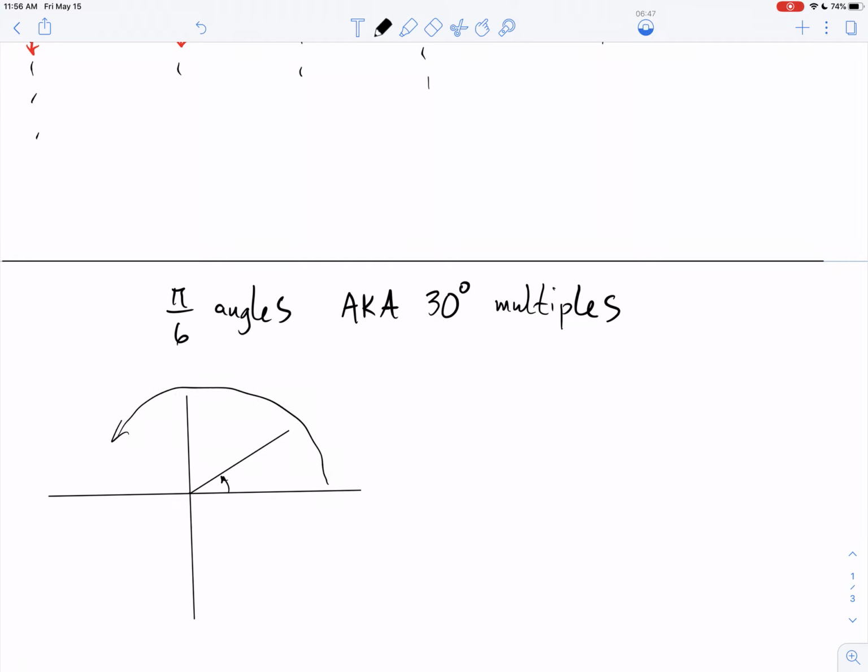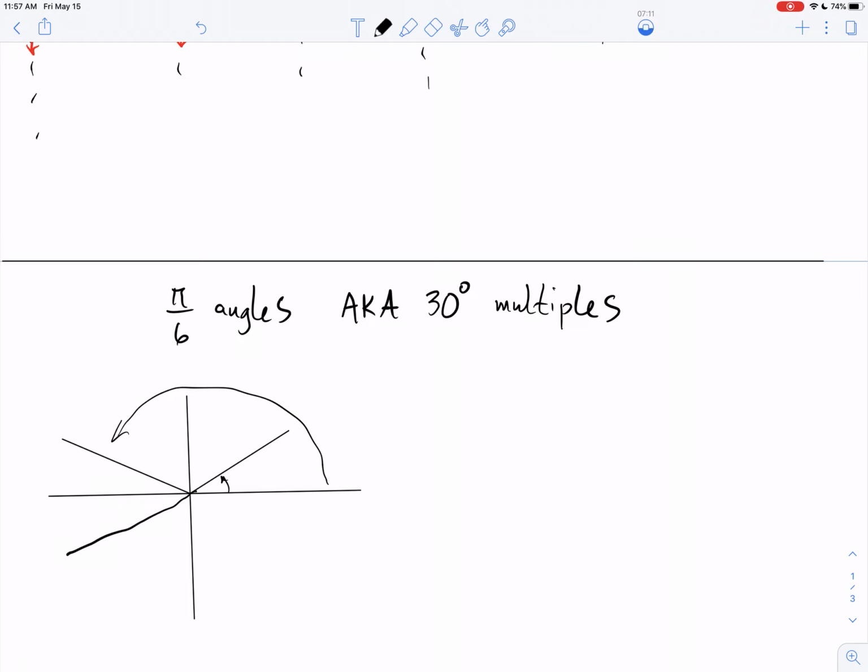That would end up in quadrant 2 with a 30-degree reference angle, if you get my drift. What I'm saying is, things that result in a 30-degree reference angle will form what I call the bow tie.